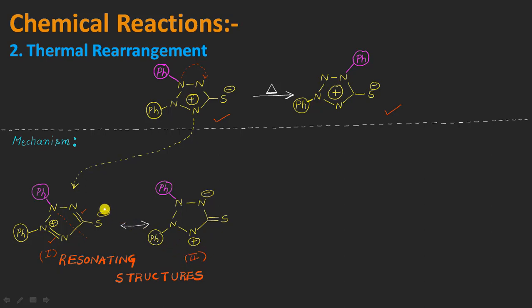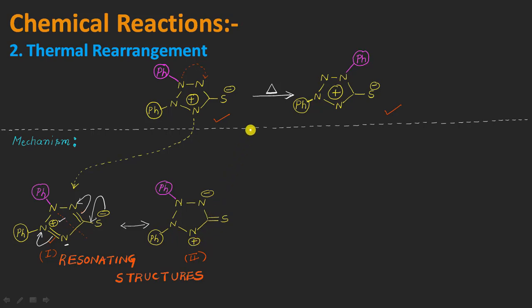I mean these electrons shifting from here to here, sending these electrons onto the nitrogen atom, giving a negative charge and a double bond here, right? And moreover, when these electrons will be shifting onto this nitrogen, because it was having a positive charge, this will become a single bond. The positive charge here will be neutralized, and now this nitrogen atom will be having a positive charge, something like this, okay?